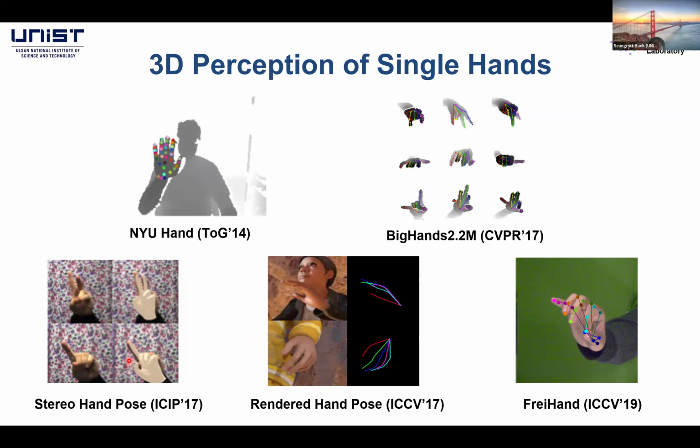So mapping RGB to 3D pose is more challenging. Okay, so that is regarded as a harder problem compared to depth-based 3D pose estimation.